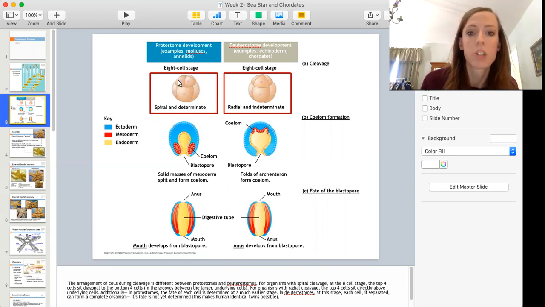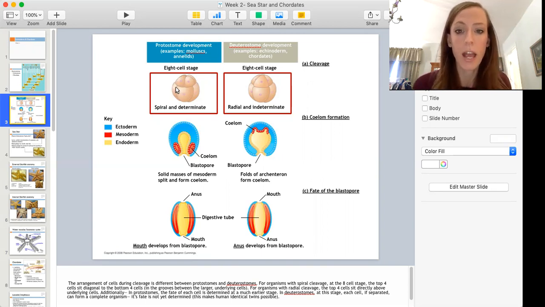So the top layer of cells are usually smaller, and they sit sort of in the grooves between the bottom two cells, okay?